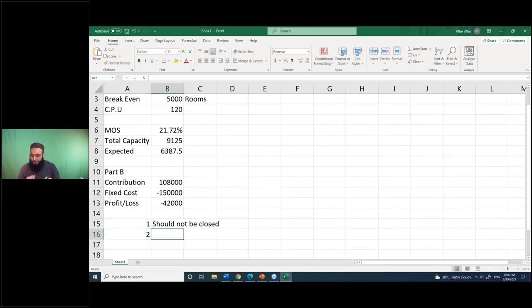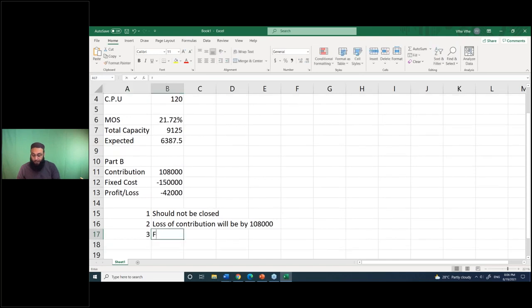Okay. Now, why is that? Because the loss of contribution will be 108,000. That's fine. Because fixed cost will continue to be incurred. That's fine. It's a committed cost. You have to pay the fixed cost for the entire year.